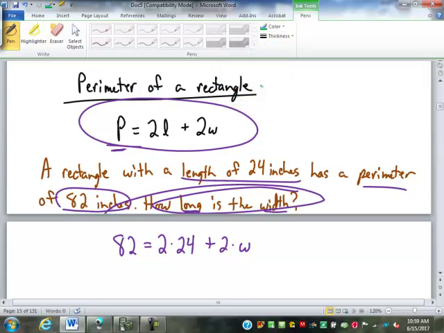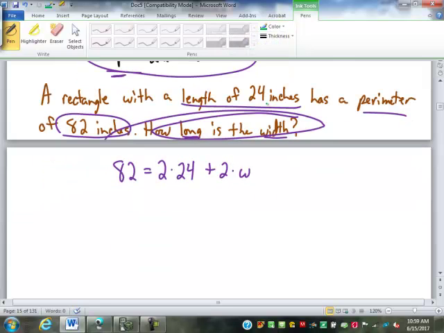So now here, we have to simplify before we can solve. We're asked to solve this for W, but before I solve it, what can I simplify? There we go, 2 times 24, which is 48. So that becomes 82 equals 48 plus 2W.